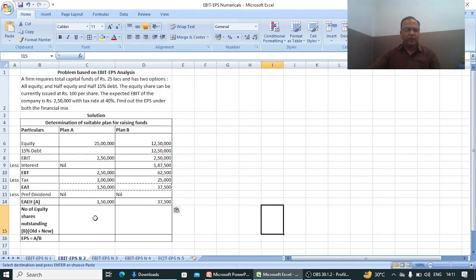Now number of equity shares. Here it is given a firm requires total capital fund of rupees 25 lakh and has two options, all equity and half equity. Equity shares can be currently issued at rupees 100. It means company doesn't have any previous record of equity shares. It means old will be 0 and we will use only new share.